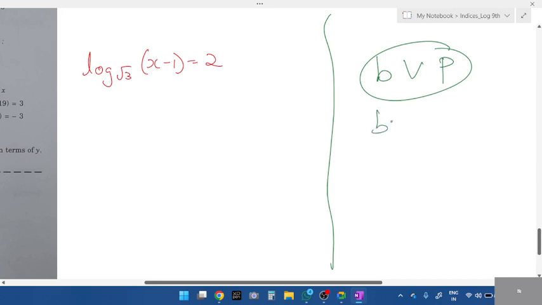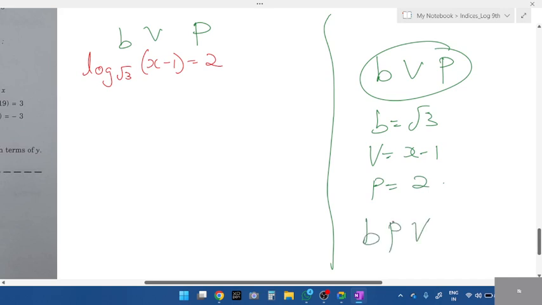So what is B value? See, we know this. This is BPV. What is B? Root 3. What is P? 2. How do you convert into exponent form? BPV. Write this in the working column and now you convert. What is B?